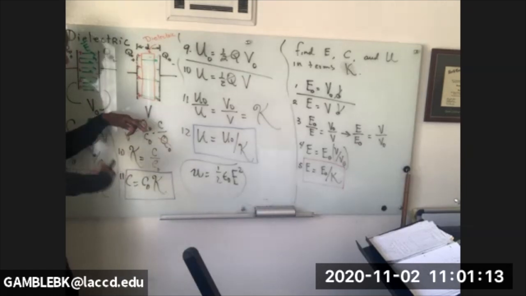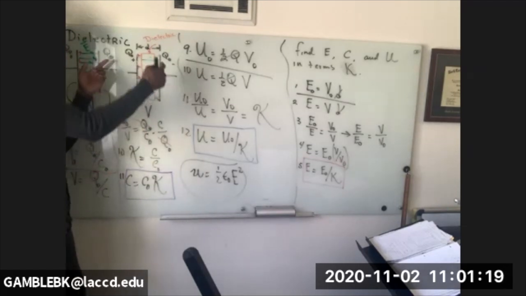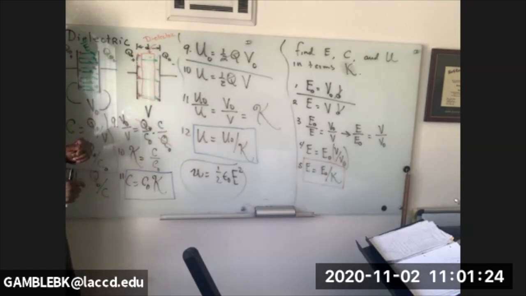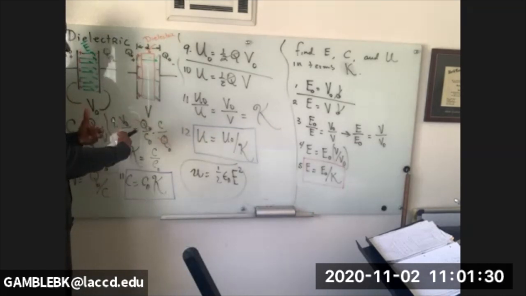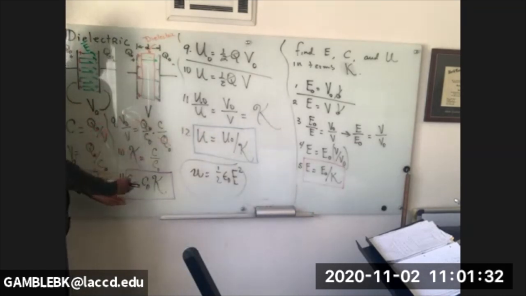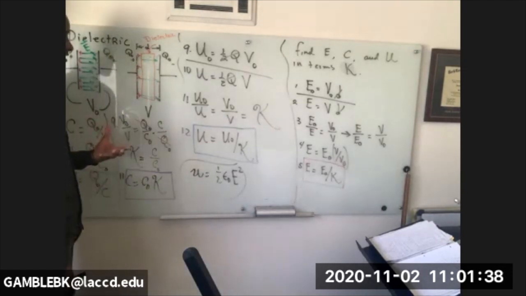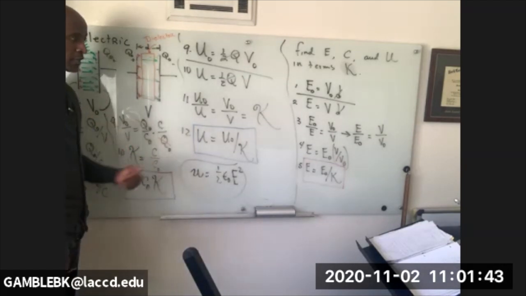In other words, I'll charge it back up to V naught again, but the only way I could do that is to put more charge on it than the Q naught that it had originally, which means that I've increased the maximum capacity. That's a qualitative way of thinking about equation 11: I've increased the capacity of the capacitor to store charge and therefore store energy.